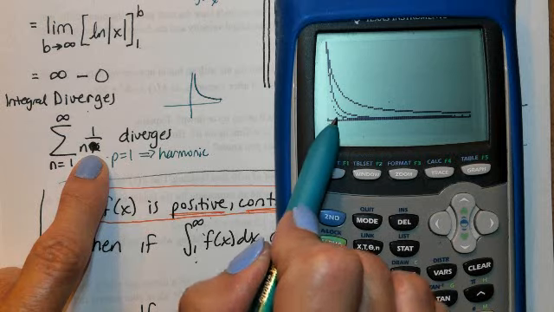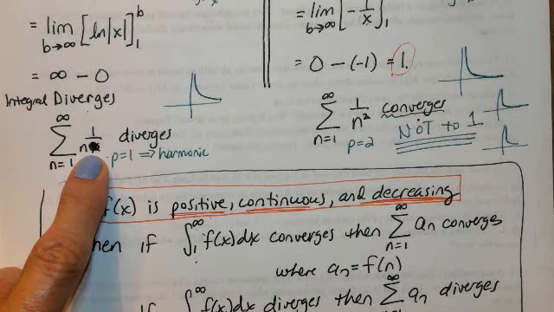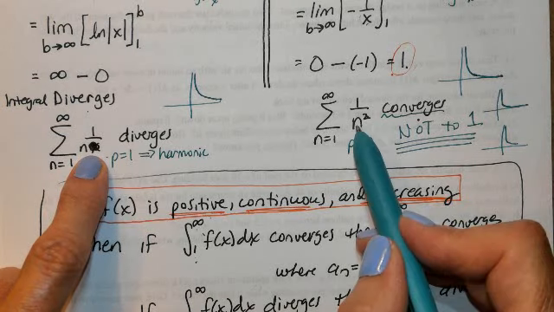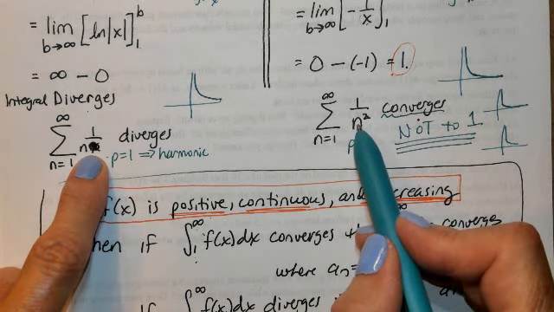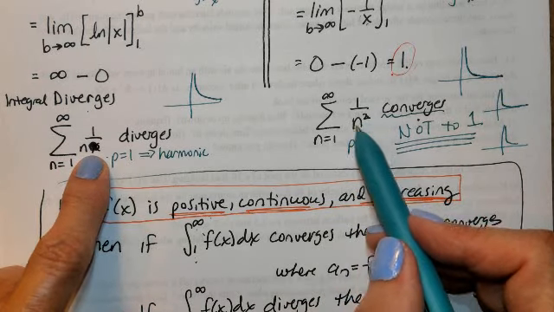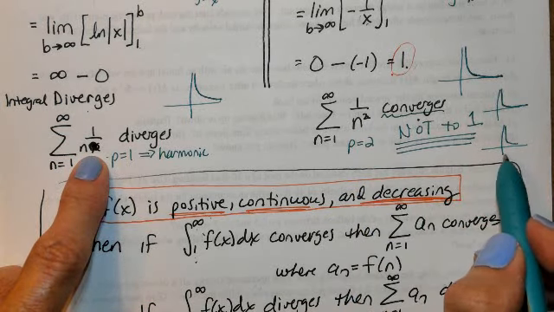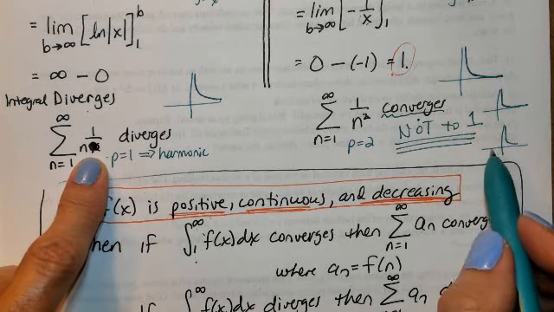It got closer to 0 even faster, right? And it makes sense because we'd have like 1 over 1, then 1 over 8 instead of 1 over 4, etc. 1 over 27 would be the third term. It gets close to 0 really fast for 1 over n cubed, right?